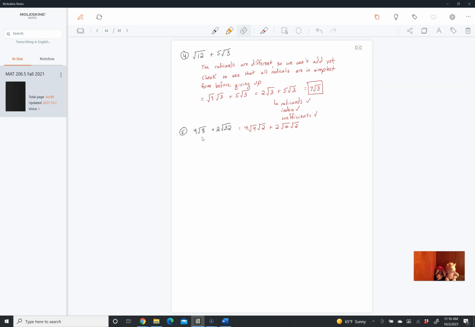So now we have 4 times square root of 4. Well, square root of 4 is 2. So 4 times 2, root 2, plus 2 times 4, root 2. 4 times 2 is 8. 2 times 4 is 8.